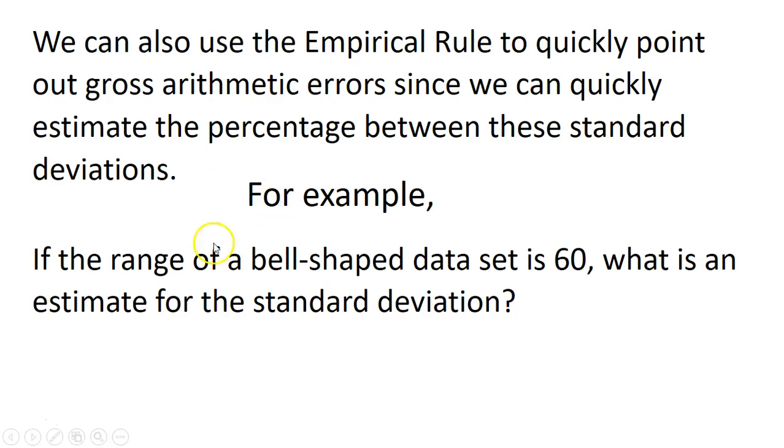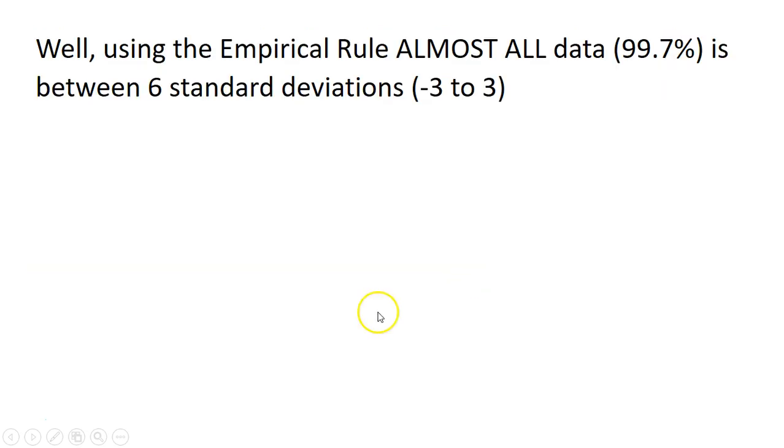Okay? So I left off with this example: if the range of a bell-shaped data set is 60, that's our range, which means low to high, what is an estimate for the standard deviation? Using the empirical rule, almost all data is between those 6 standard deviations.